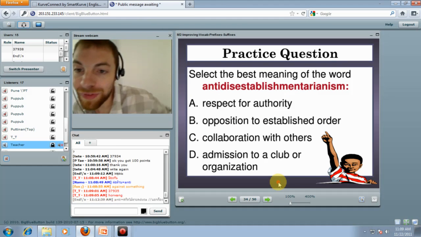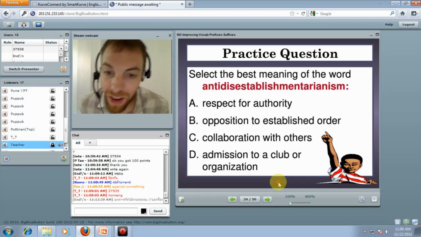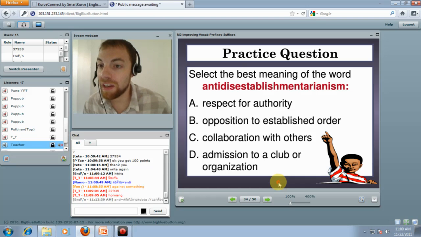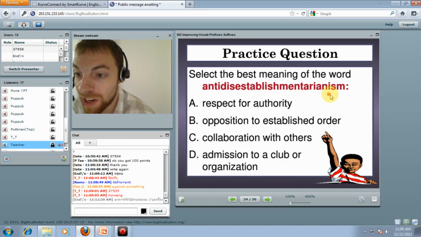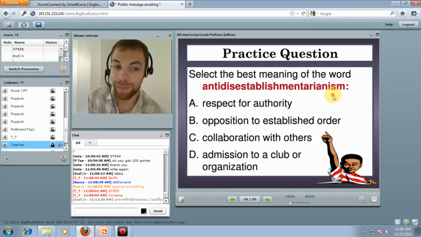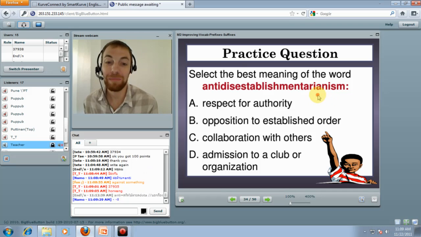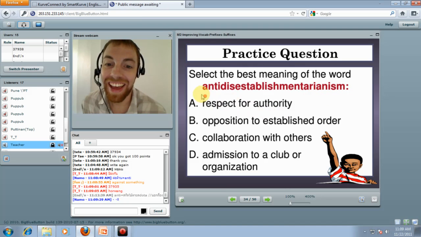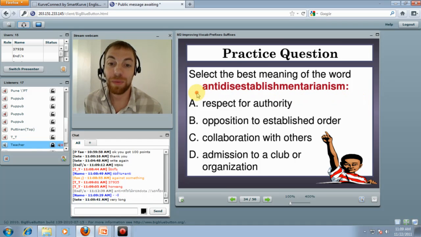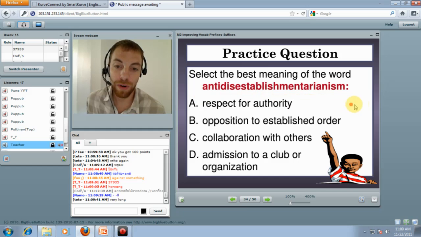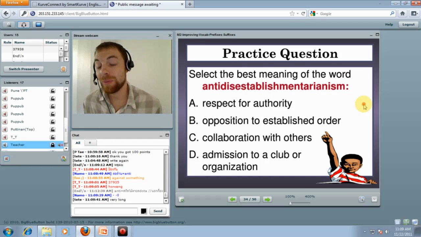Alright. Let's see who can figure this out. Select the best meaning for this word. Anti-disestablishmentarianism. Whoa! Big word, right? That is a really, really big word. Now, what does that mean?